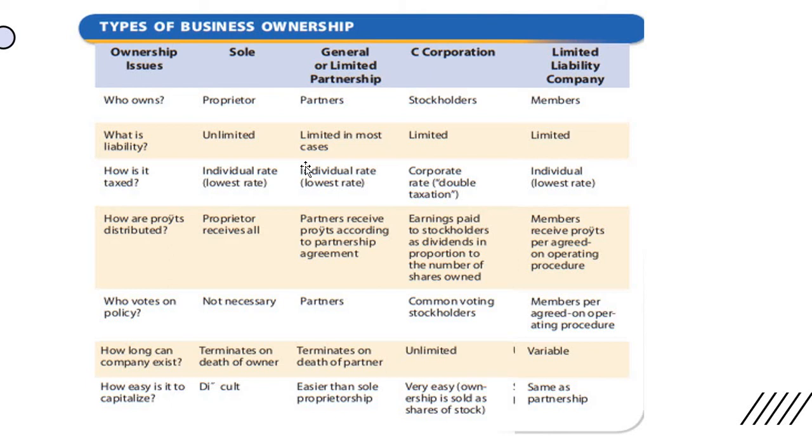It also specifies what will happen if a partner decides to leave the business or one of the partners dies. And a written partnership agreement helps the partnership avoid conflict, kasi minsan nagkakaroon na yan ng conflict of interest. Okay? So, these are some considerations concerning the types of businesses.